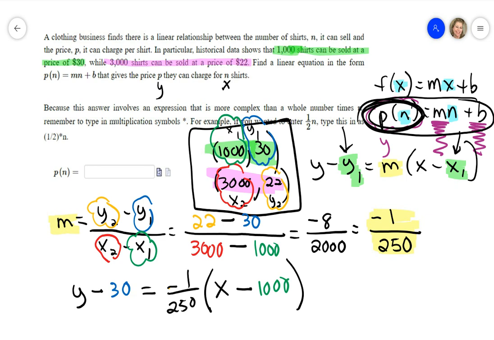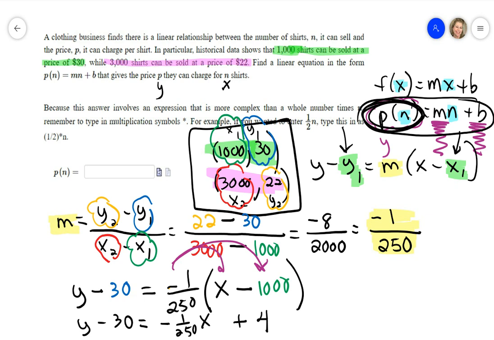So I'm going to distribute that. Kind of running out of room here. I'm going to have y minus 30 equals -1 over 250x. A negative times a negative will make this a positive. And 250 actually goes into 1,000 4 times.